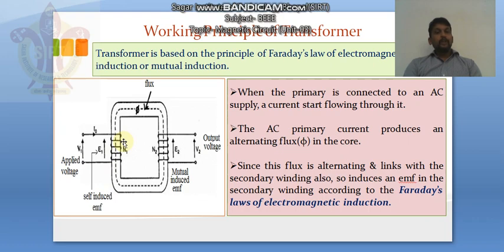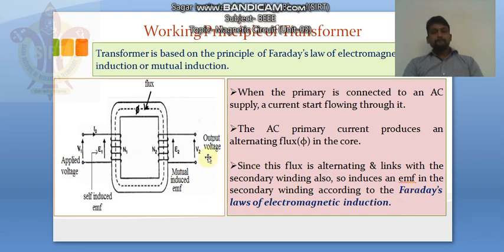So finally you will get an induced EMF E1 in the primary coil. Since this flux is alternating and linked with the secondary winding also, it induces an EMF in the secondary winding according to the Faraday law of electromagnetic induction.